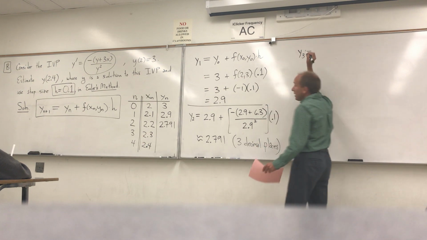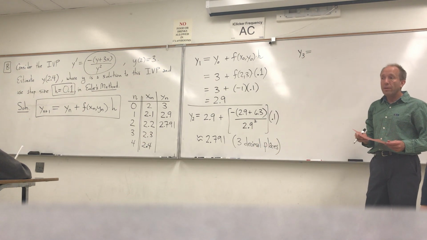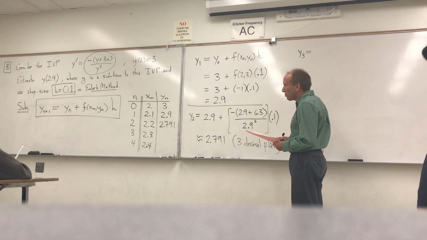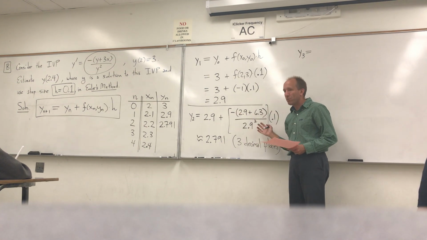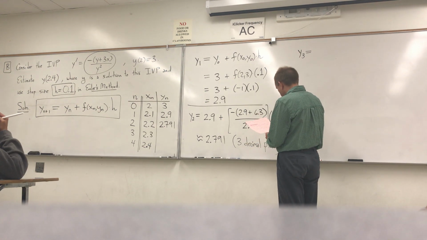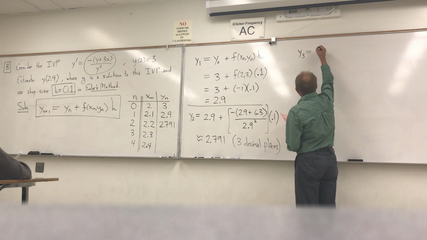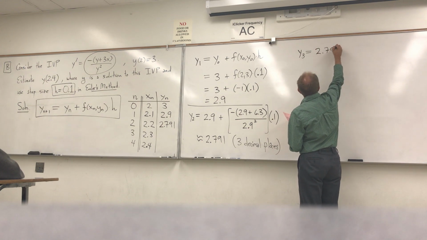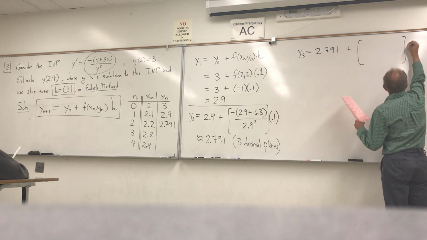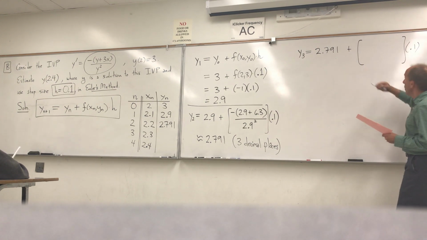Okay, then we just have to keep going like this. And this is not actually heavy math. It's really just doing numerical calculations with a basic calculator. So I'm not going to spend too long on this. So for the next one, you take 2.791, and you would have to add that to some expression that's going to get multiplied by 0.1 here.